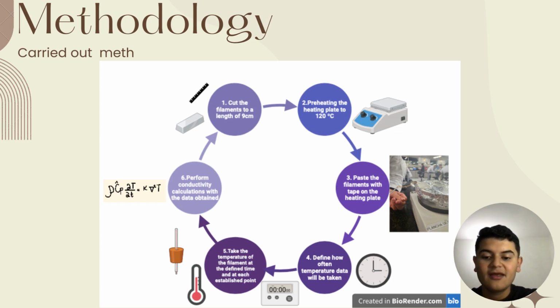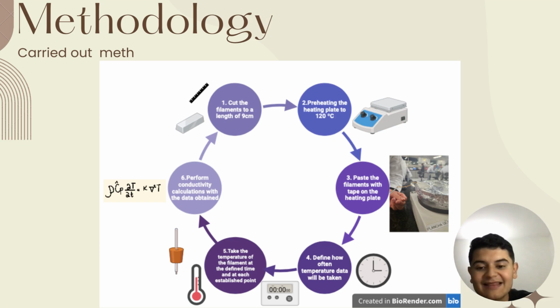We decided to measure every 3 centimeters, so we have 4 points. The first one was the one with direct contact with the heating plate, then 3 centimeters, then another 3 centimeters, and the last one was around 9 centimeters. It was the point farthest from the heating plate.